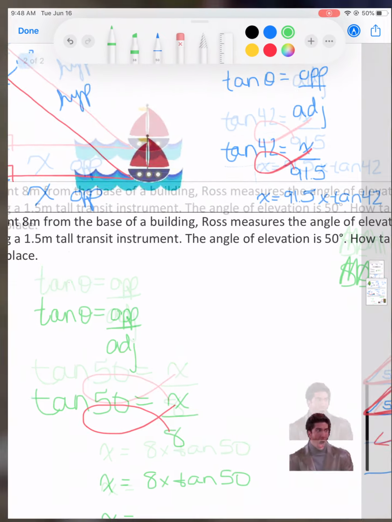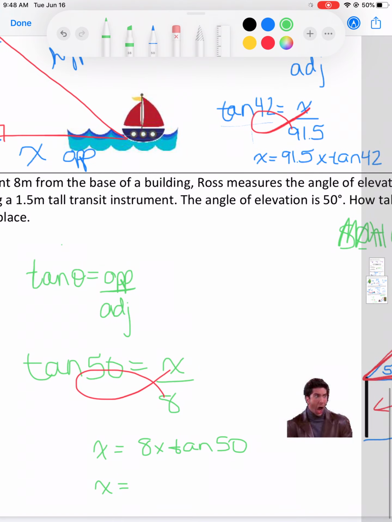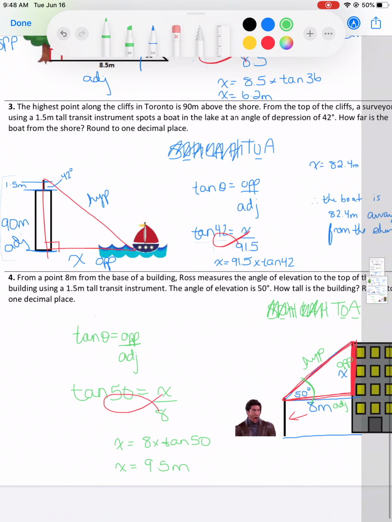That's 9.5. How tall is the building to one decimal place?